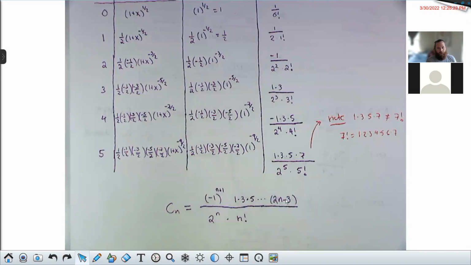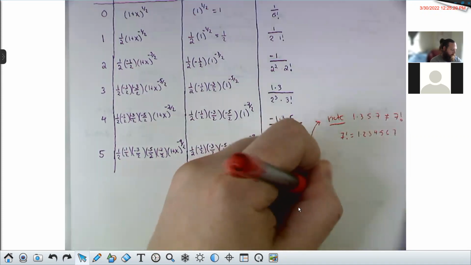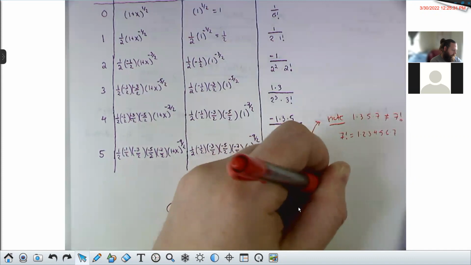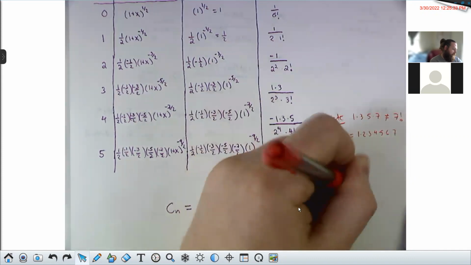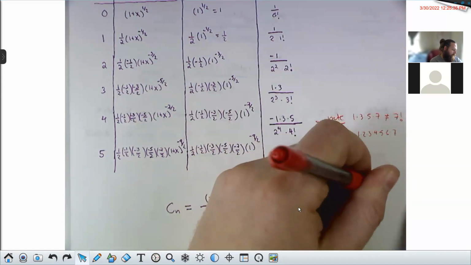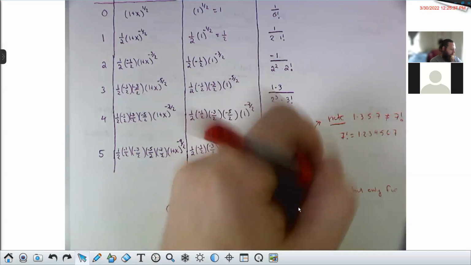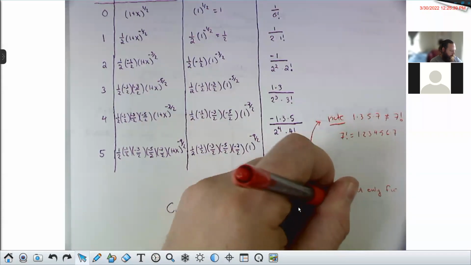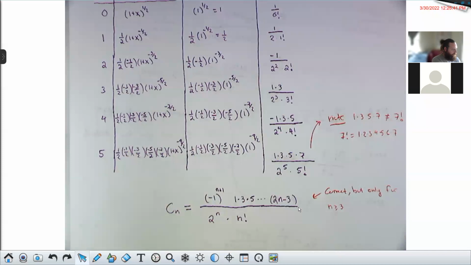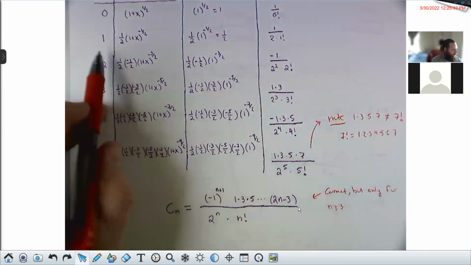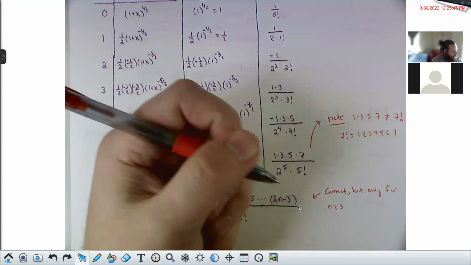You cannot plug n equals 0 into this product. So this is correct, but only for n greater than or equal to 3. Sorry, n greater than or equal to 2.